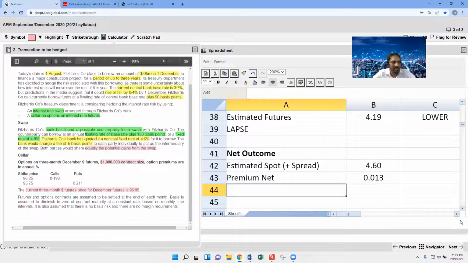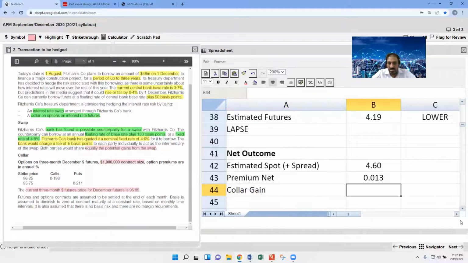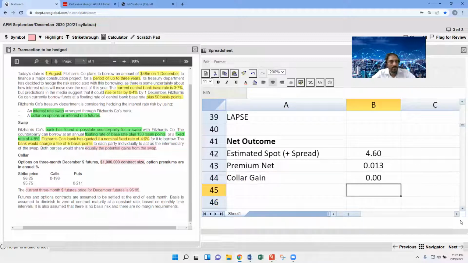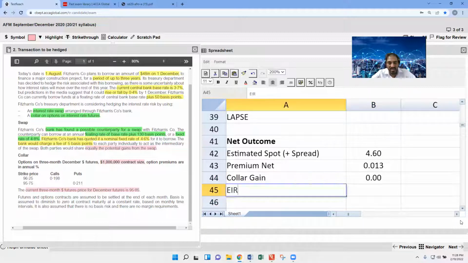Next, any collar gain? No gain. So what is the effective interest rate?